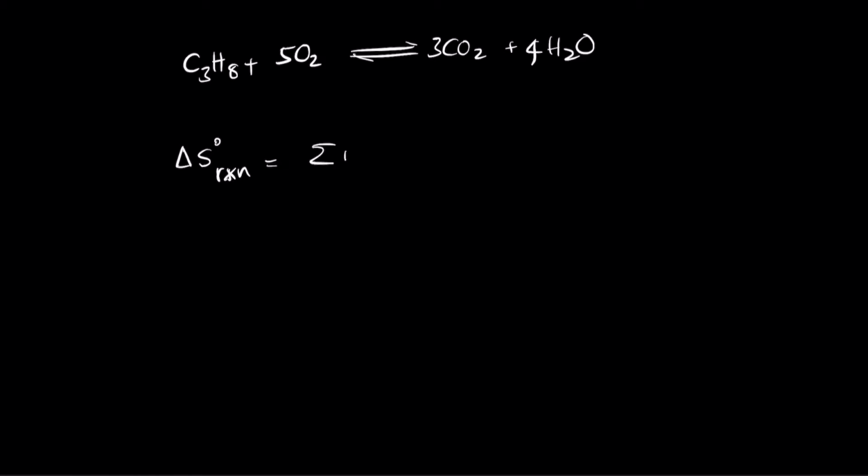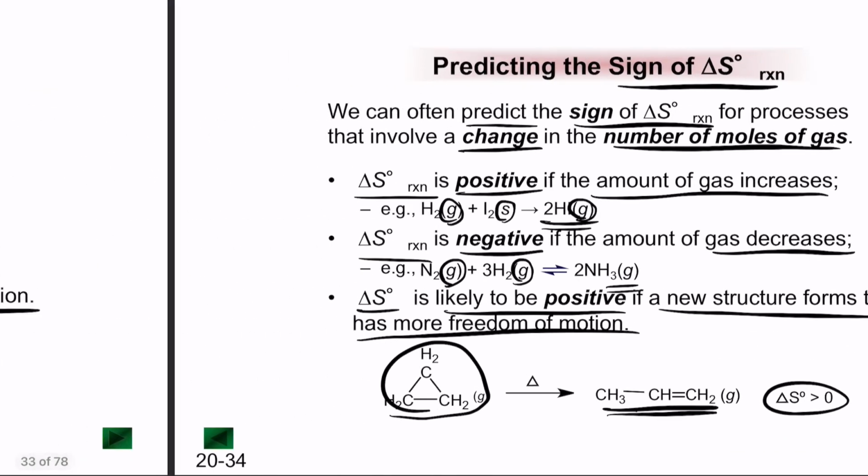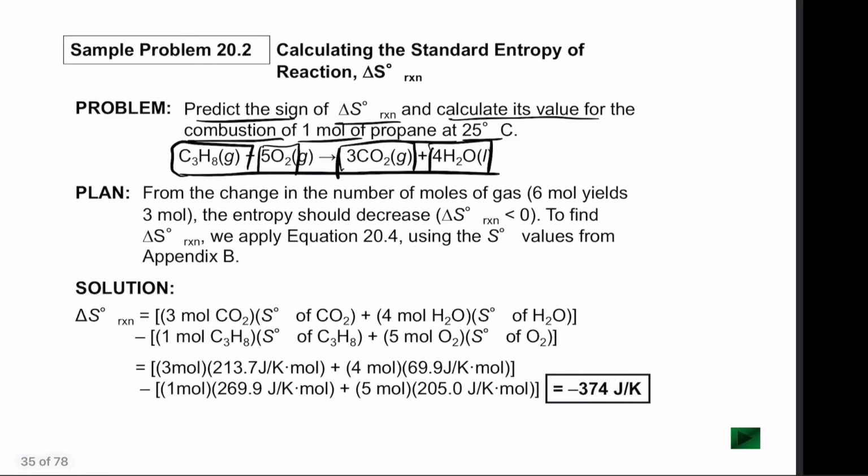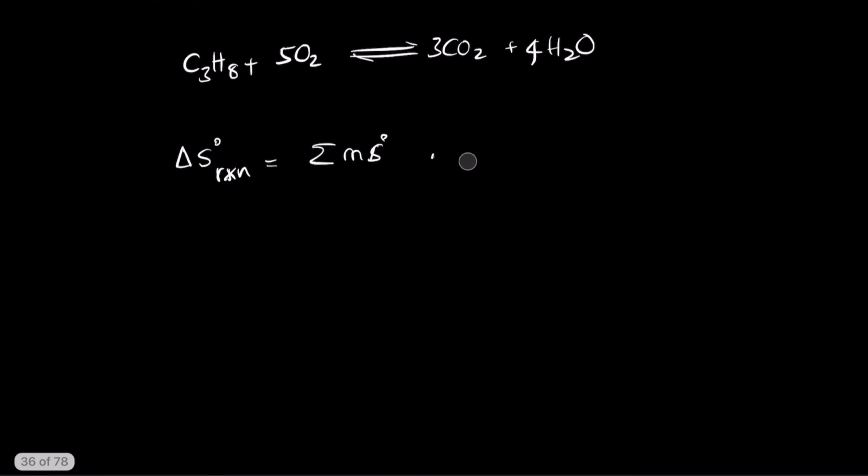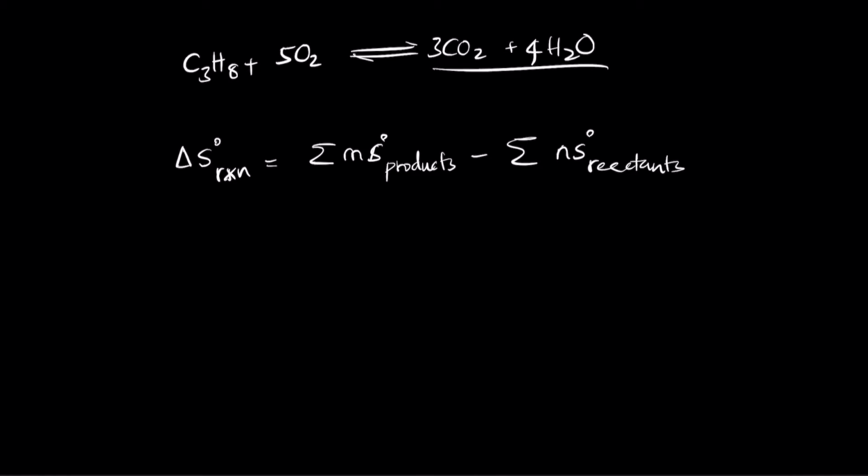Now we know that delta S of the reaction is sigma M times S of the products minus sigma N times S of the reactants. So notice that this is the products.